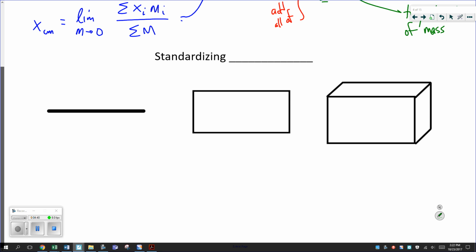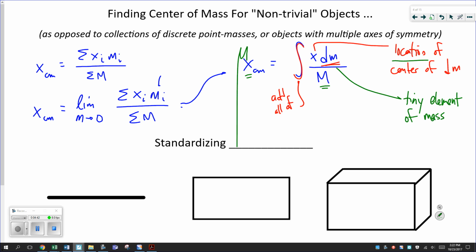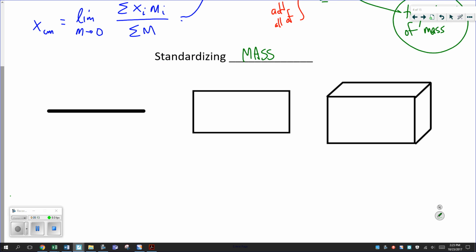We're going to do that by standardizing mass, because we have to talk about what the little parts are. That's part of your process when we find centers of mass: identifying what is my dm, what is my tiny little element of mass, and what does that object's mass depend on. To do that, we can define three different ways in which mass can be related to stuff.